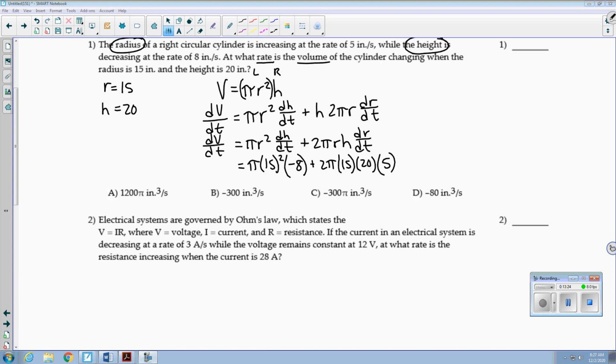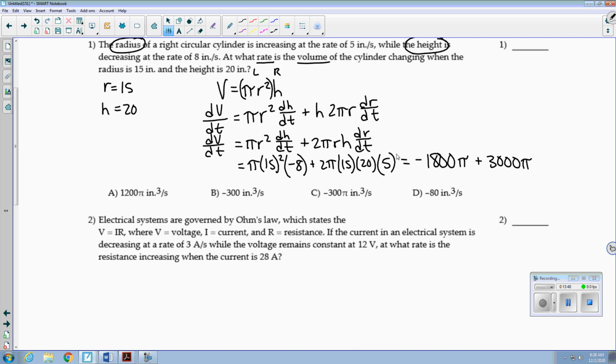So -1800 pi for the first piece. And then 2 times 15 times 20 is 600, times 5 is 3000 pi. When we add those two together, we get 1200 pi, and we're talking about a rate of change of volume.